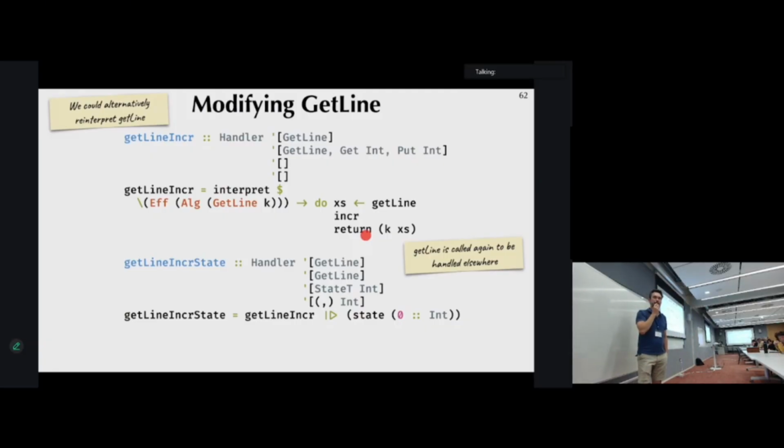I'm a little bit confused what StateT is there. Yeah, great question. So the question was, what on earth is StateT doing? So the way to think about it is your program comes in and it interacts with a whole bunch of effects.